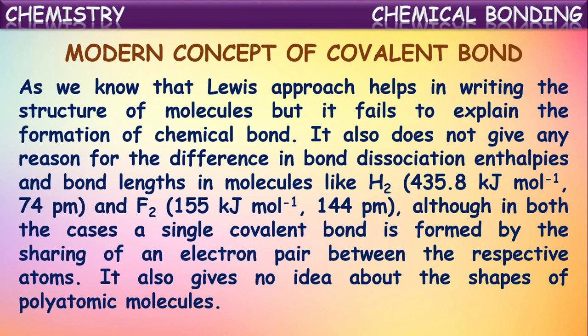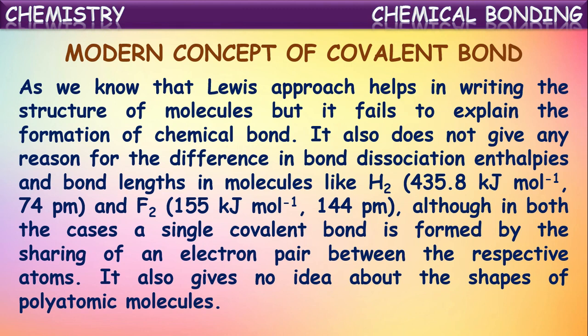According to Lewis dot structures, both will be represented the same, as a single bond formed by sharing of a pair of electrons. But there is a lot of difference in their properties. They have different bond energies and even bond lengths. Why they are so different is not explained in the Lewis approach.